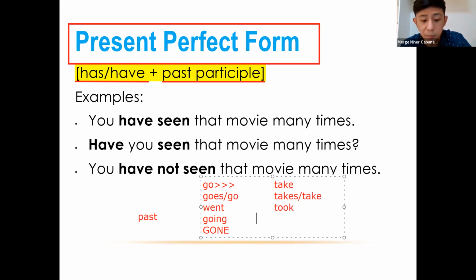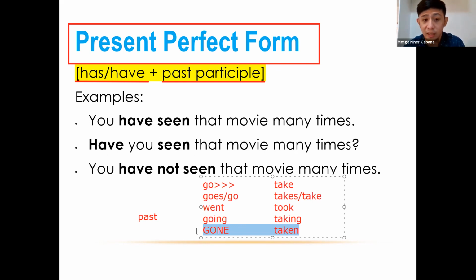The present participle will become taking. And then the past participle will become taken. So take a look at this, the last two words. Your past participle is not go, is not any of the words before it. Your past participle are the words gone and taken.